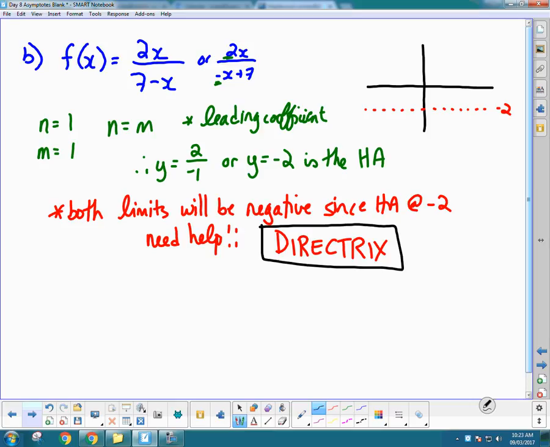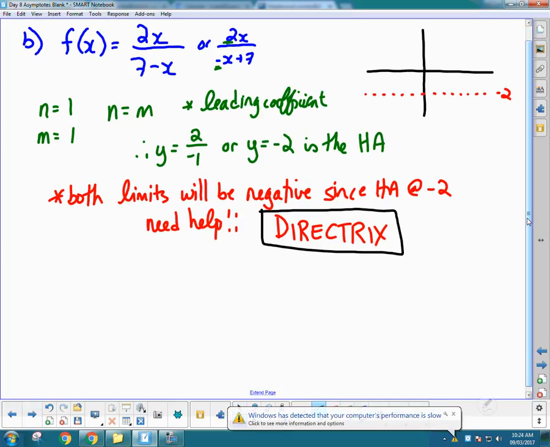The Directrix is a new kind of function whose only purpose is to help you determine if a graph is coming above or below an asymptote. It helps us with the direction. We can find the limit of the Directrix, and if the limit of the Directrix behaves a certain way, then we know what the original function does. So now the question is, what is the Directrix and how do I find it?